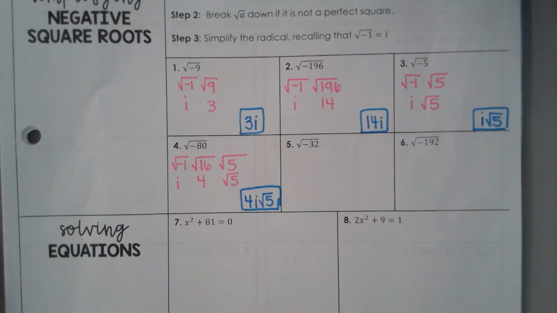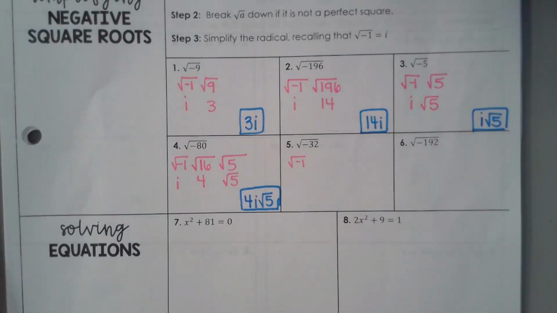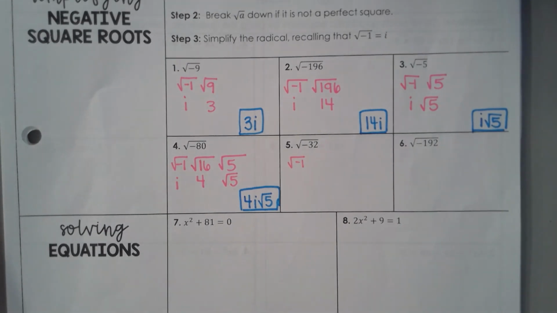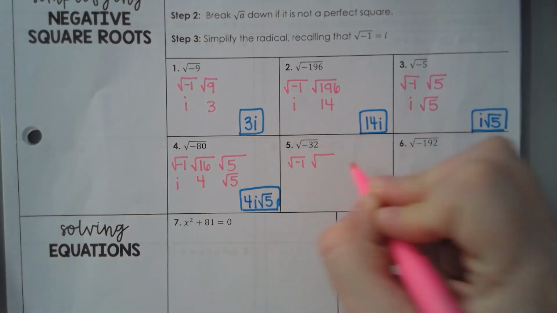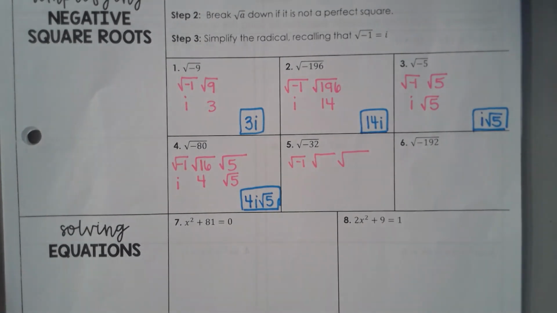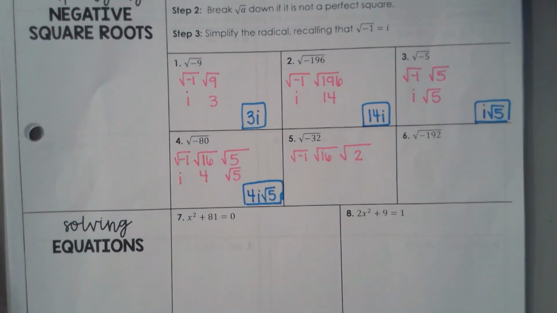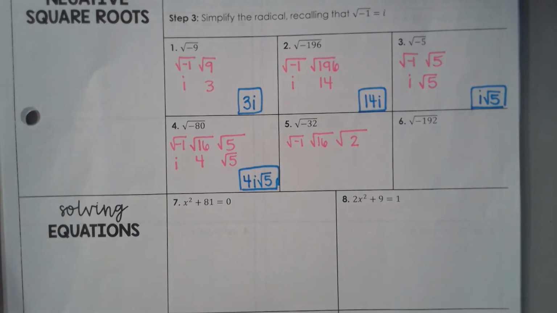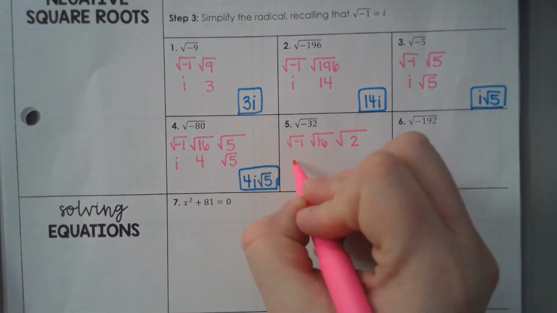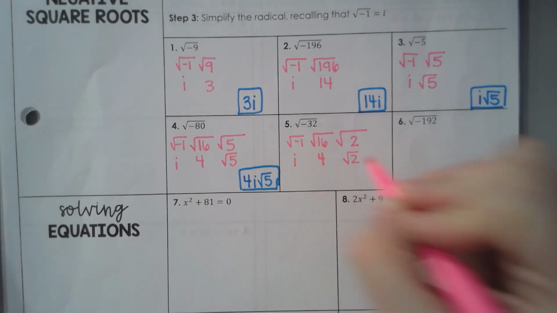Let's do number 5. Getting that negative out. Do we need to split up the 32? Yep. What's the largest perfect square that goes into 32? 16 times 2. Good. So I've got i, 4 again, and then bring down the square root of 2.